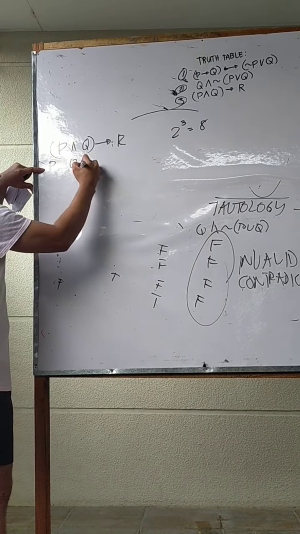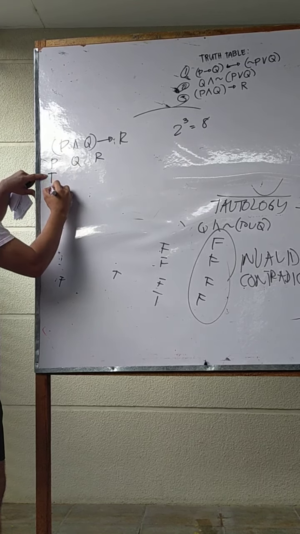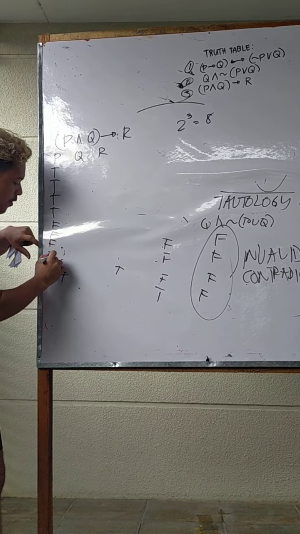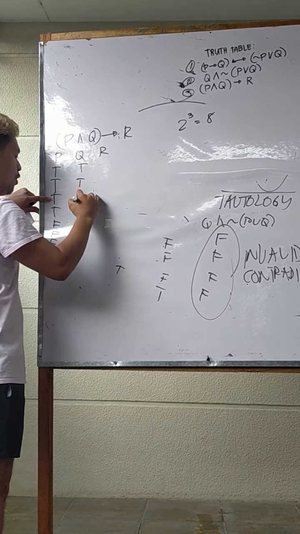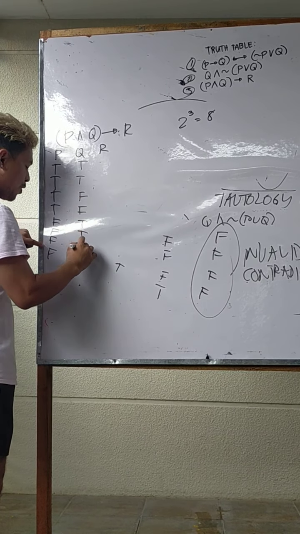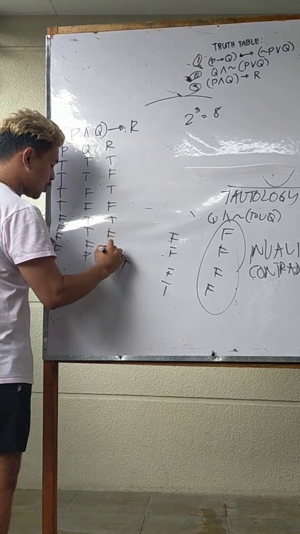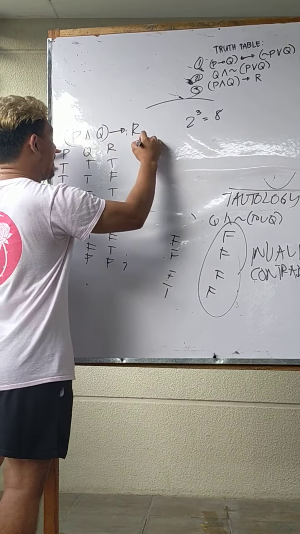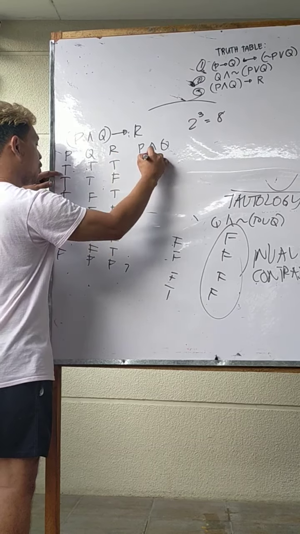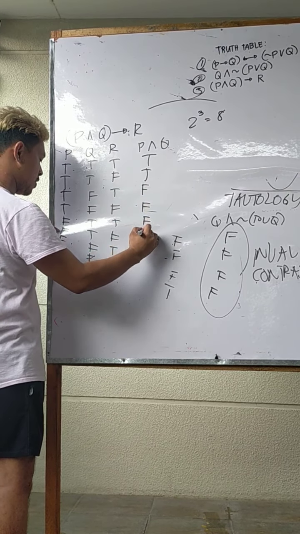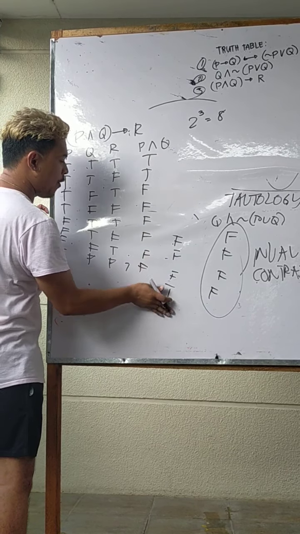Therefore, P, Q, R, 8 rows. True, true, true, true, false, false, false, false. Then true, true, false, false, true, true, false, false. And true, false, true, false, true, false, true, false. Let us have P and Q.